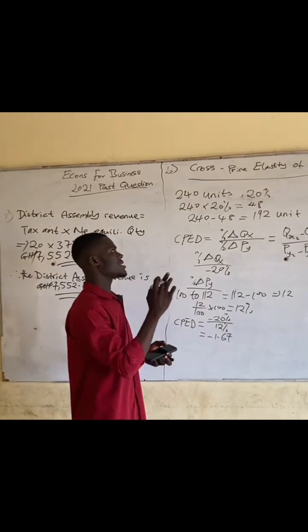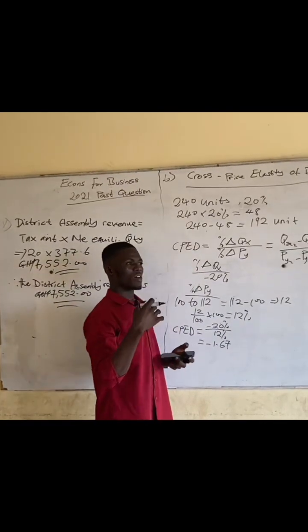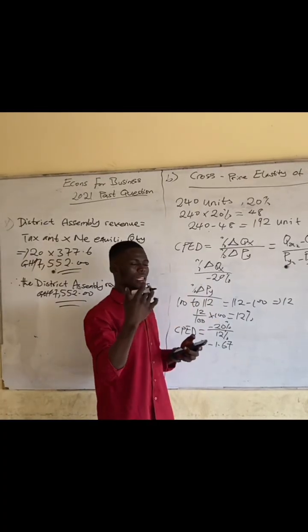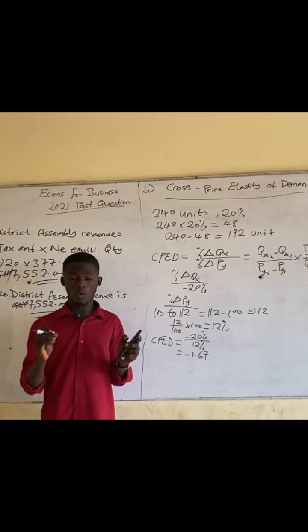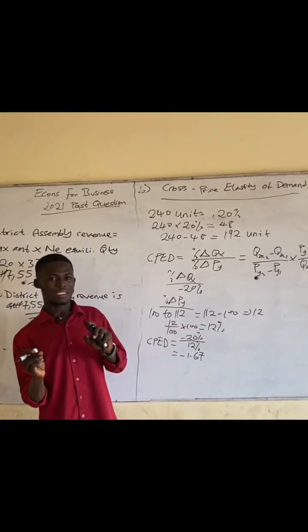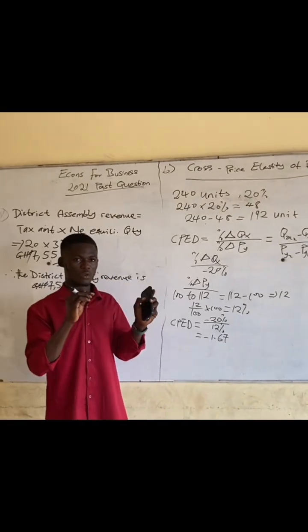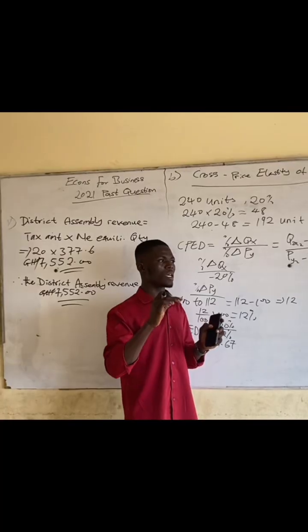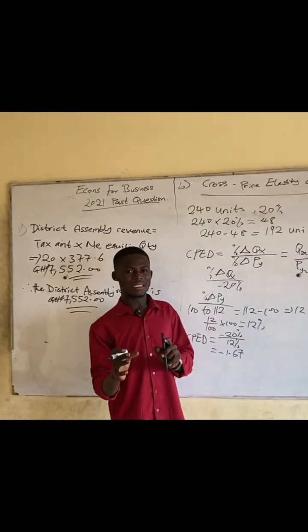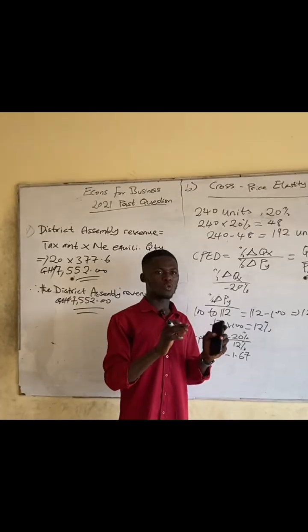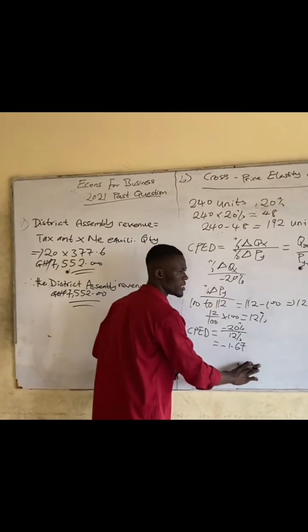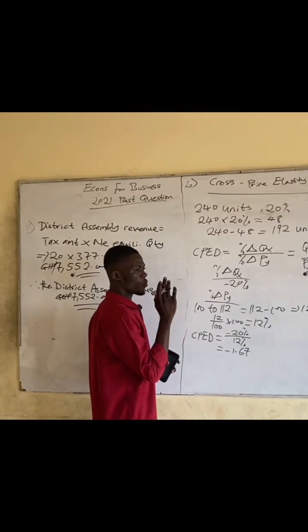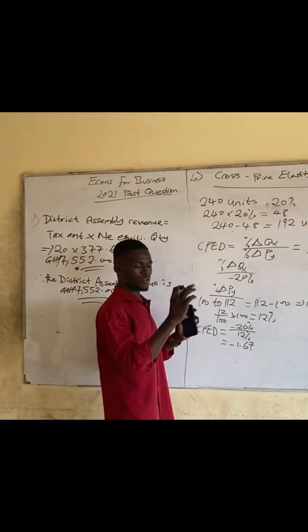The moment you see cross, you ask yourself what comes into your mind. It is always complementary goods and then substitute goods. Complementary goods are always negative, and substitute goods too are always positive. So the moment your final result is this, it means your goods were complementary goods.